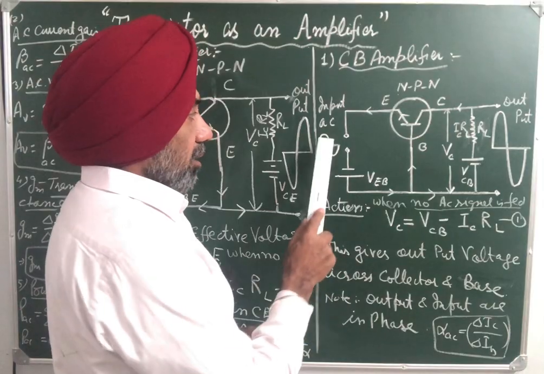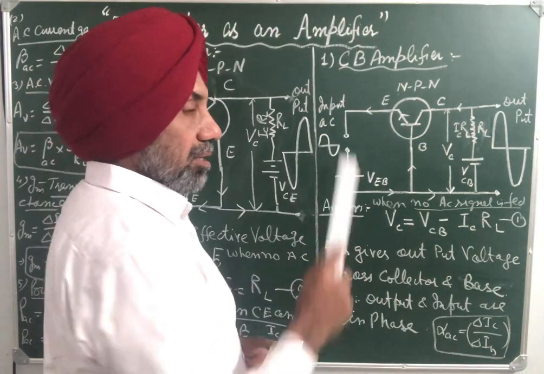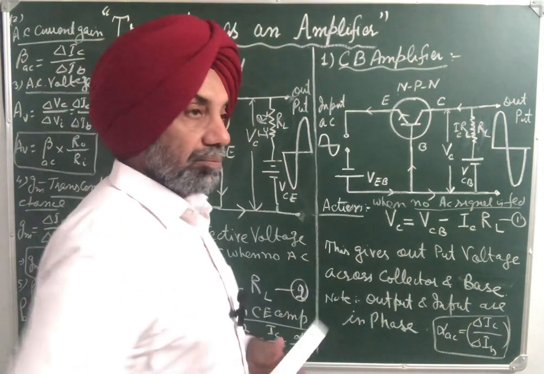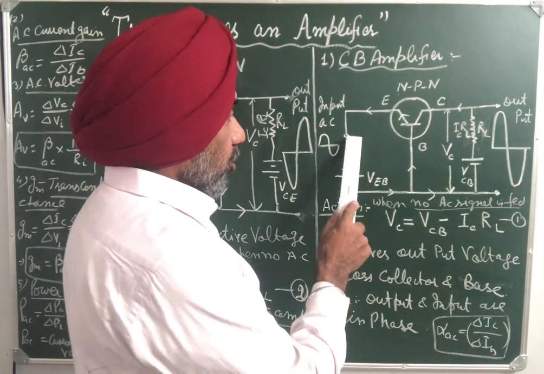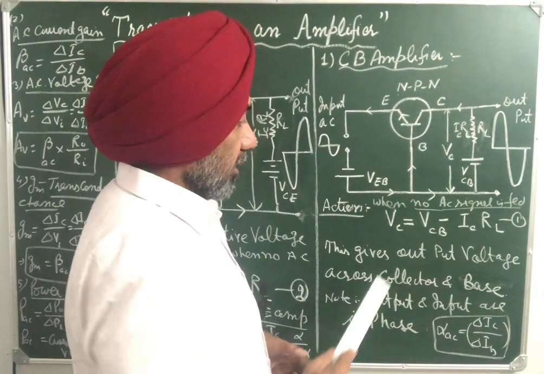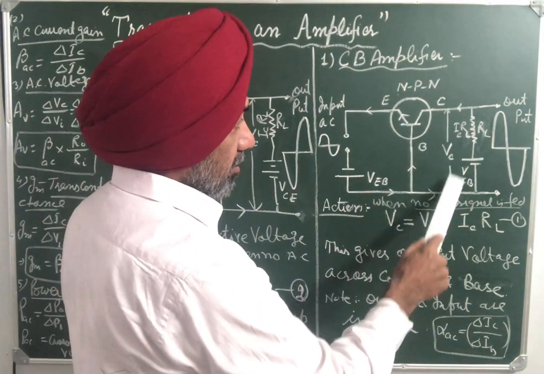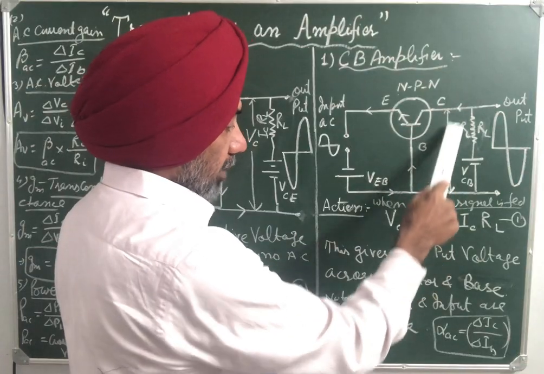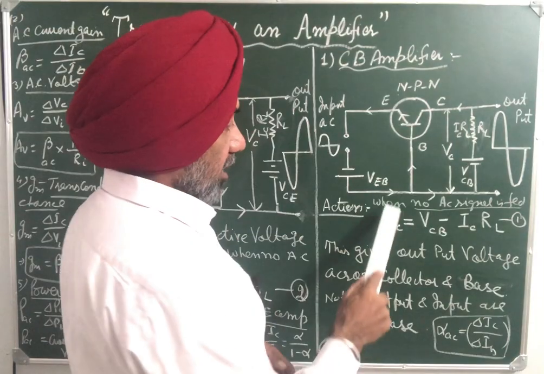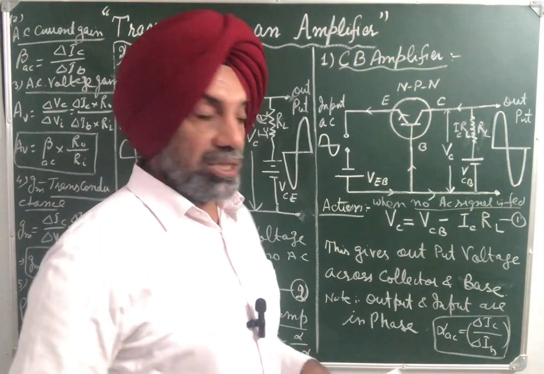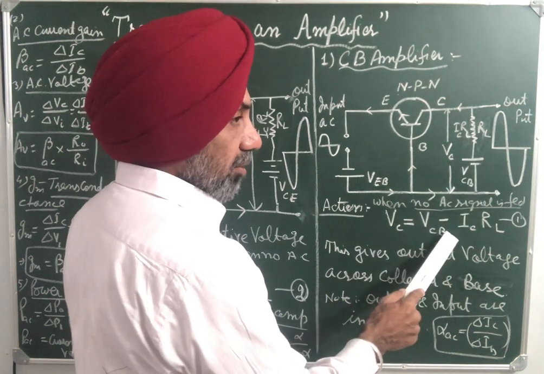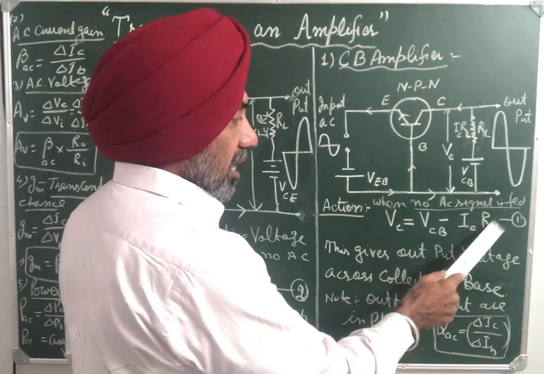Now, when no AC input signal is fed to the circuit, first no signal is given. When no AC signal is fed to the input circuit, then what is the effective voltage between collector and base? Effective voltage between collector and base, that is VC, is given by VC is equal to VCB, the supply voltage between collector and base, minus ICRL.